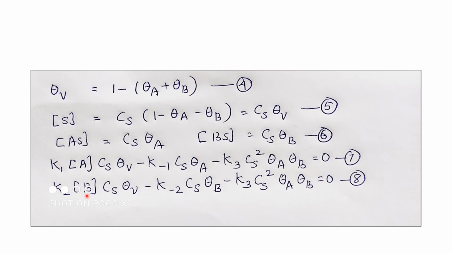K2 into B into Cs into theta v minus K inverse 2 Cs theta b minus K3 Cs square theta a theta b equal to 0. Equations 7 and 8 can be solved to yield theta a and theta b.